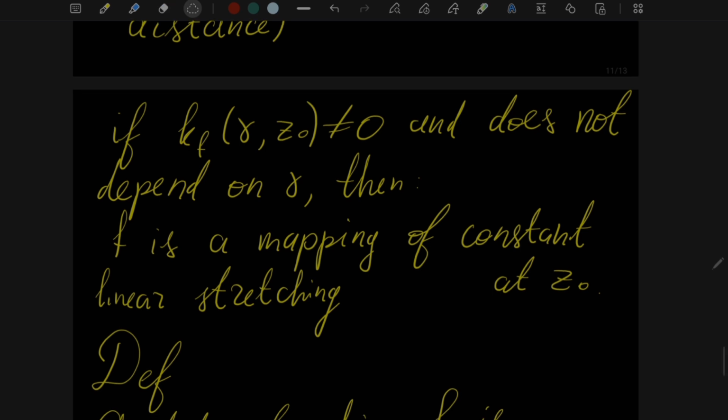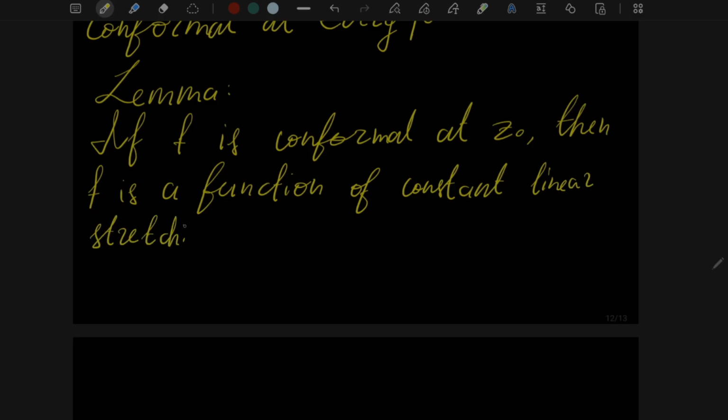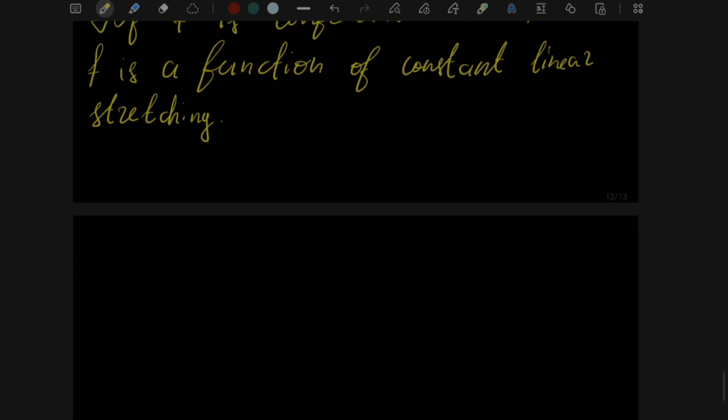Just a function of a constant linear stretch. It is quite clear because the derivative is non-zero, it exists, and hence its absolute value exists, and then the limit also exists. It is quite straightforward, and as we can see, the coefficient is the value of the derivative.